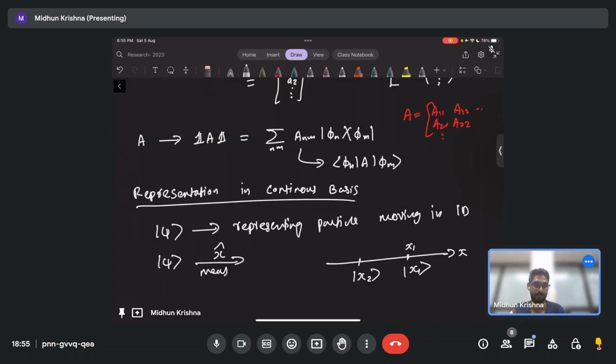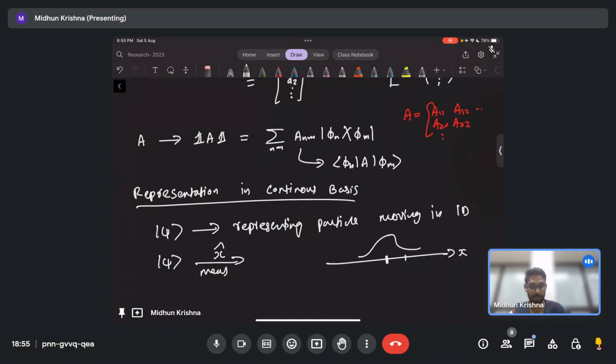In quantum mechanics, I can have states which are not localized. So I could have a state like this, which is a distribution. There's some probability, given by the square of the height, of the particle being here, and some other probability of being here, and so on. So the particle can, in some sense, be at several places simultaneously.